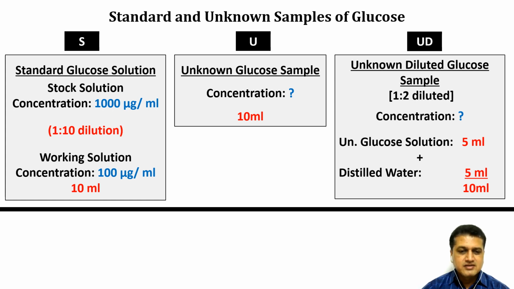For example, 5 ml of unknown glucose sample and 5 ml of distilled water. This is unknown 1:2 diluted glucose sample. We can prepare more diluted unknown samples such as 1:5 or 1:10 depending on the need.